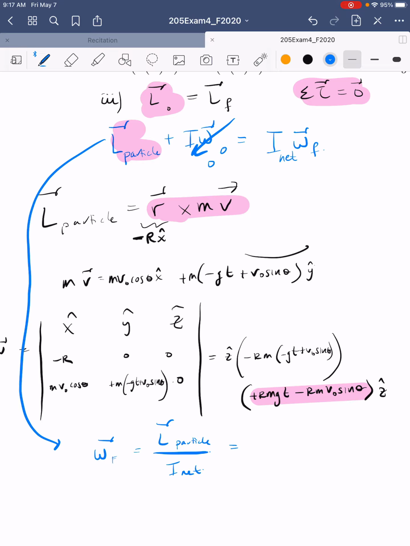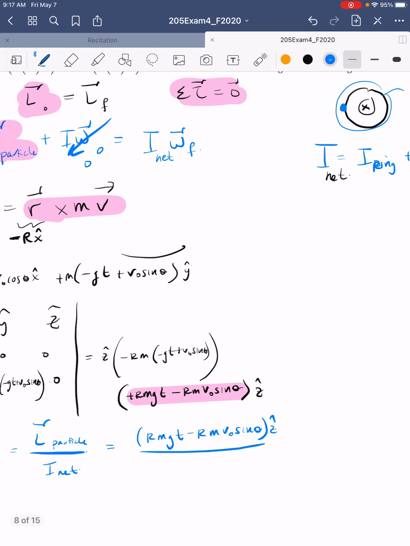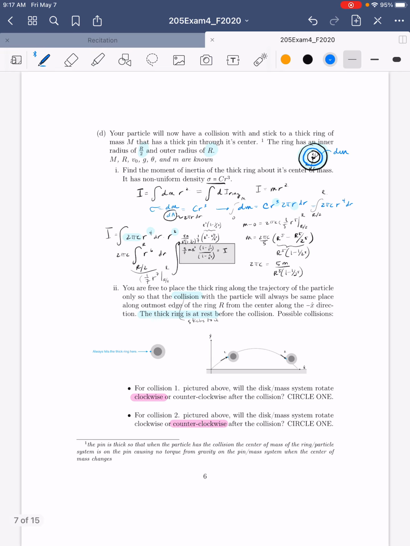So this will be r m g t minus r m v naught sine theta z hat, divided by I net, which was I of the ring plus little m r squared. So let's go back and find that I of the ring.